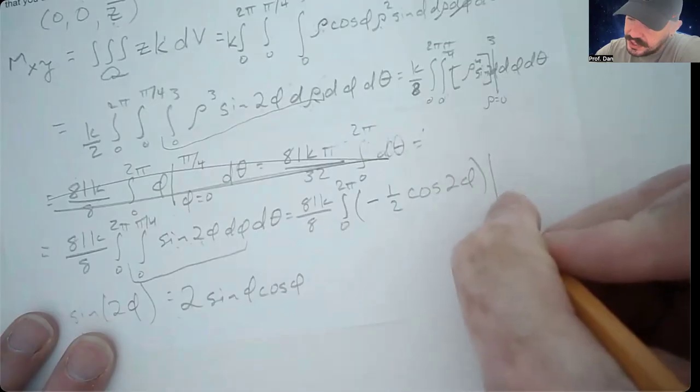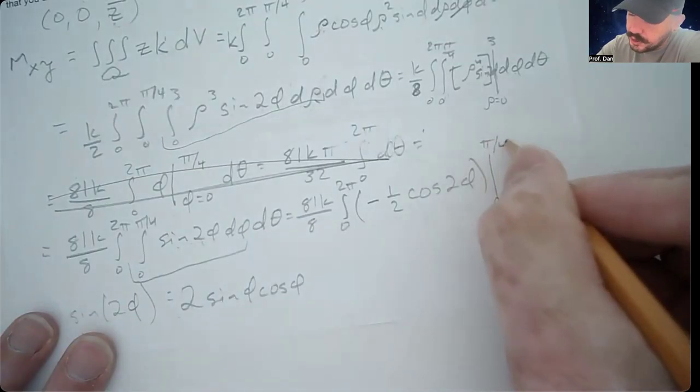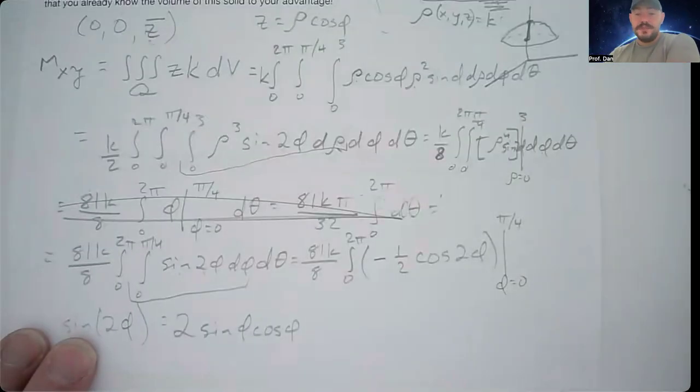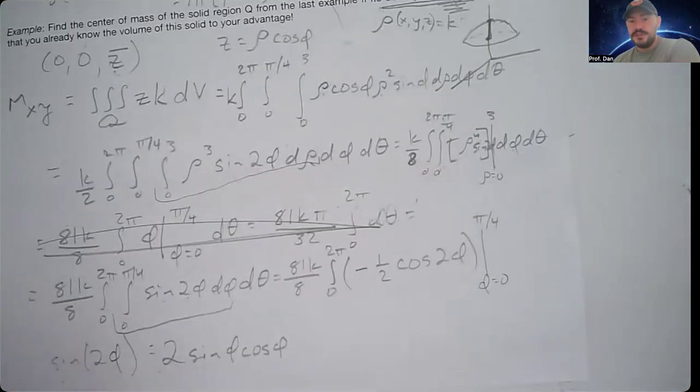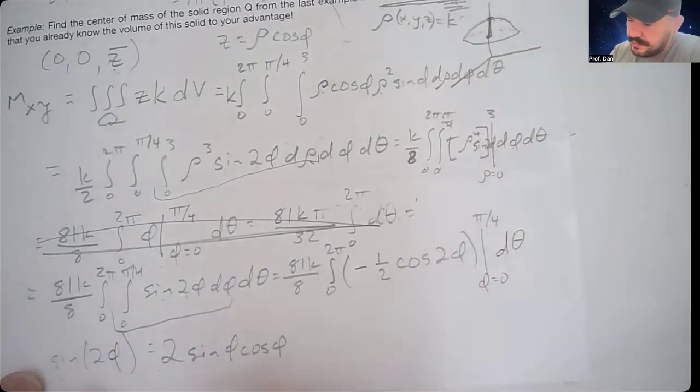And we're going to evaluate that from phi equals 0 to phi equals pi over 4. And if you want, you can flip those bounds and take the negative away. The same reason cosine of 0 is bigger than cosine of pi over 2. And we're going to integrate that with respect to theta.